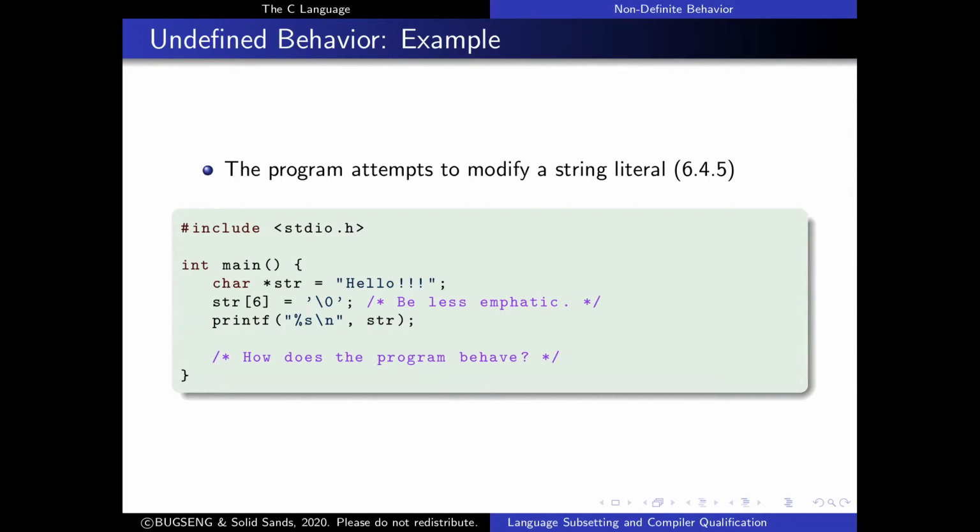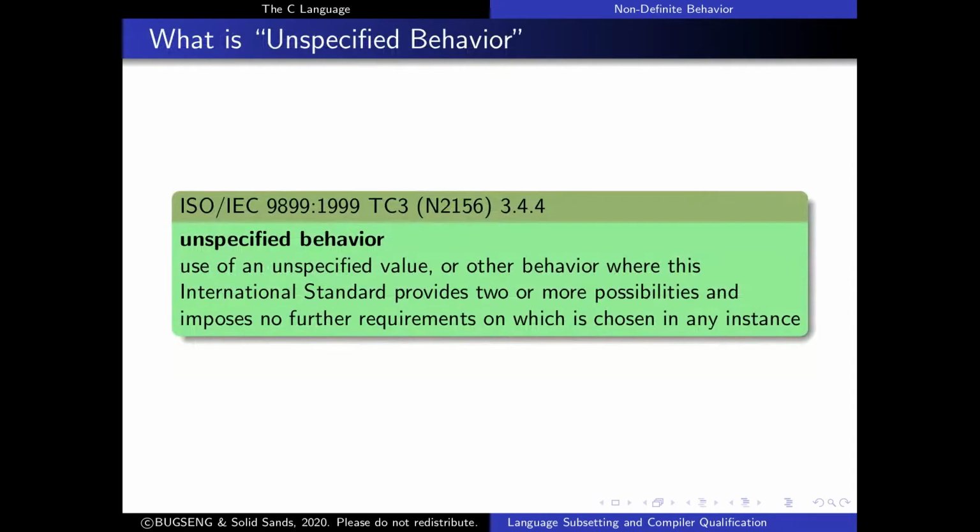Another variety of non-completely defined behavior is unspecified behavior. This is when there are 2 or more possibilities of doing one thing, and the standard doesn't impose requirements on which possibility is chosen in any instance.